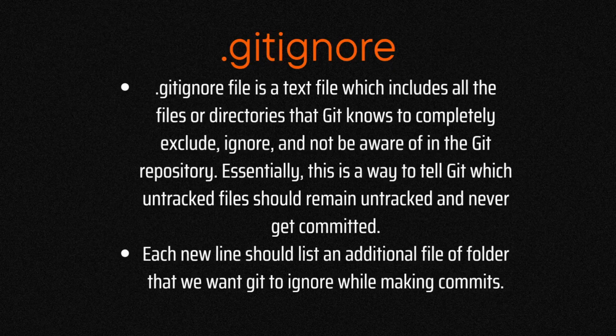Another important thing is the .gitignore file. Sometimes you have files that you don't want to send to the remote repository. So let's say node_modules, for people who are used to working with Node.js. They have the node_modules folder in the current directory.